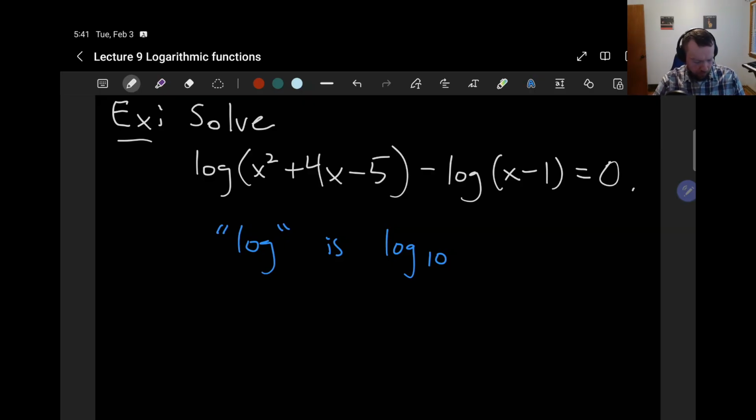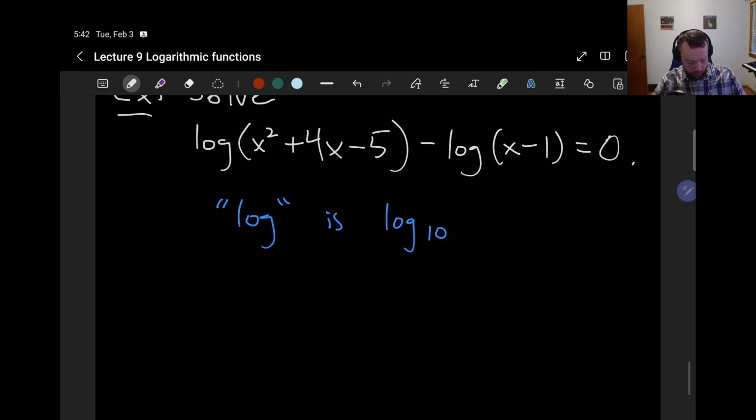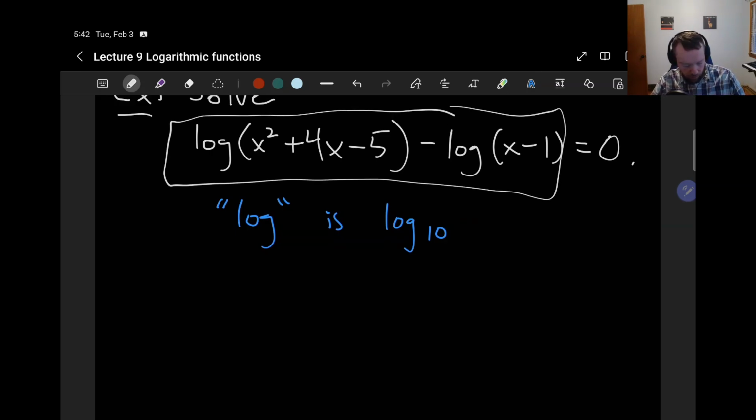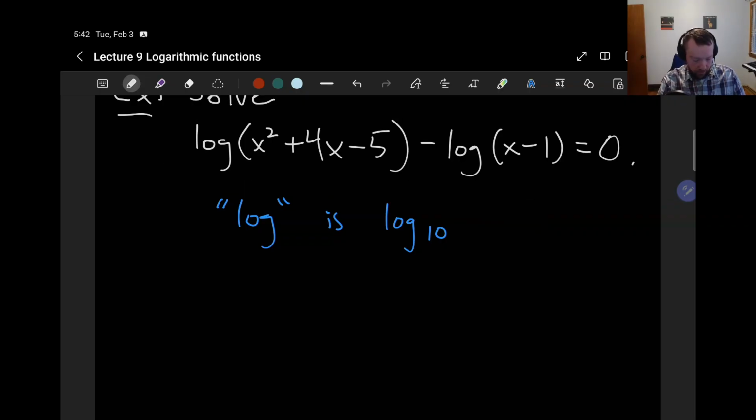So to solve, I see a couple ways we could do this. I'm going to pick one. But just a quick note, I could add this to both sides, which would essentially be moving that over. And then you could cancel off the logs, but I want to do this a different way. I'm going to use property 2 to condense that.